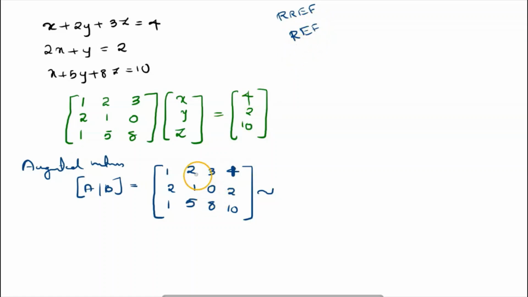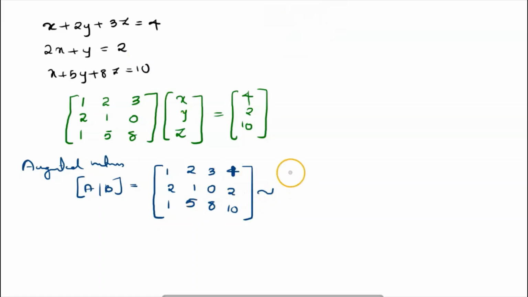So just using elimination, we can solve. That means REF is enough to solve this. And Gauss-Jordan method is for RREF. That means RREF is easy to calculate the solution. So either we use REF or we can use RREF.